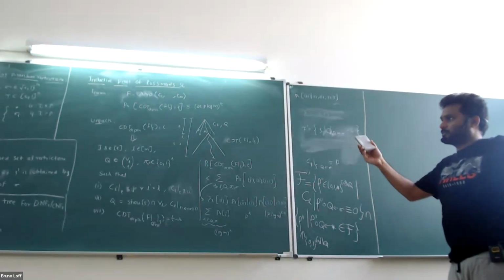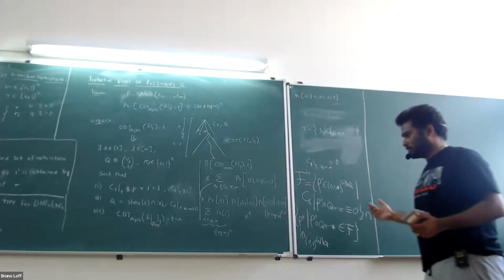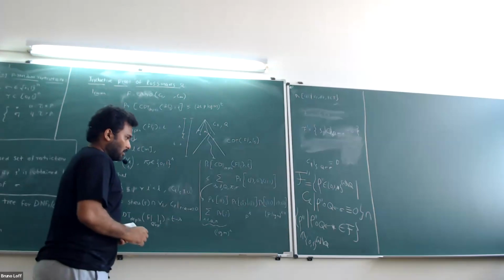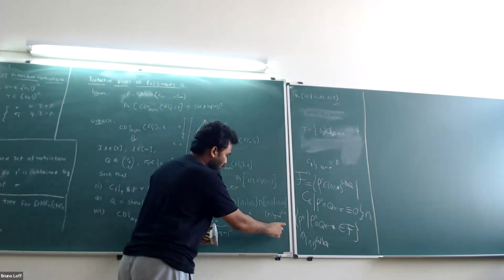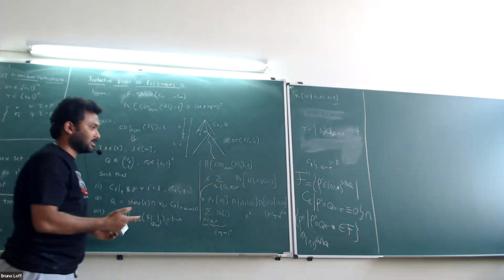So the induction hypothesis is for any arbitrary such set. All this is to justify that using the induction hypothesis, you would get a p log m power 2 minus this.